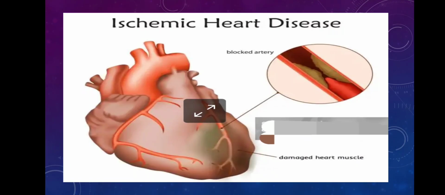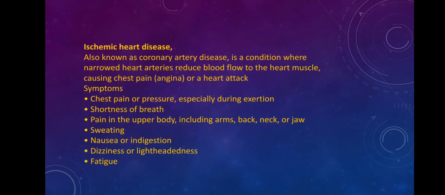When we see the muscle that is different from the others that are normal, you could feel the difference. Okay, ischemic heart disease is also known as coronary heart disease. It is a condition where narrowed heart arteries reduce blood flow.